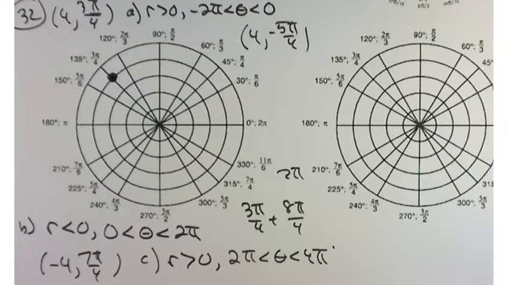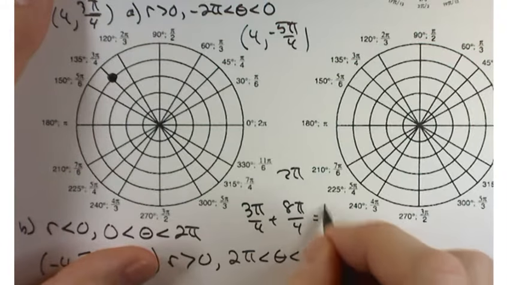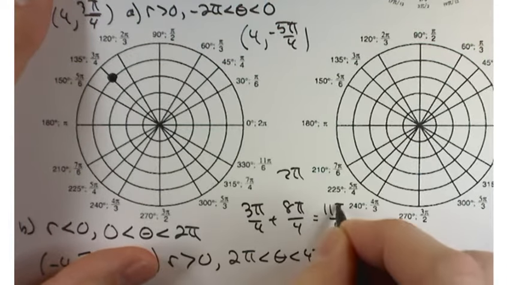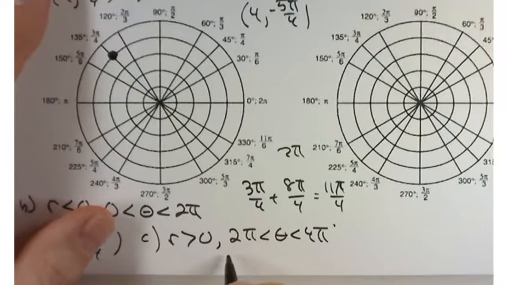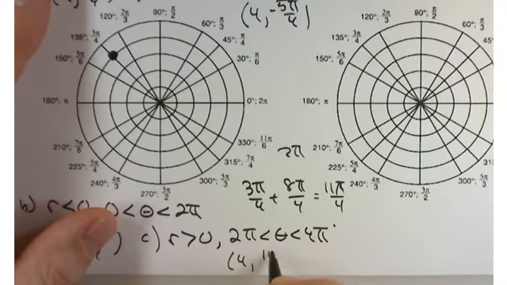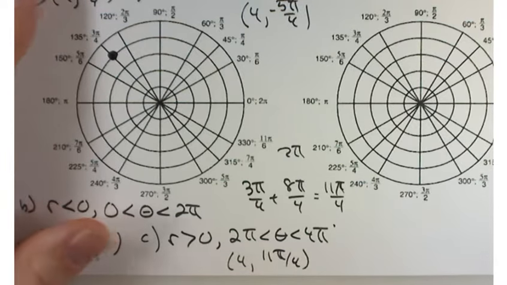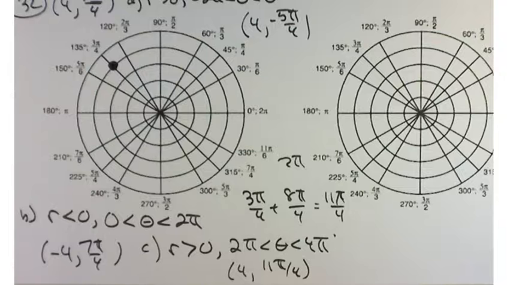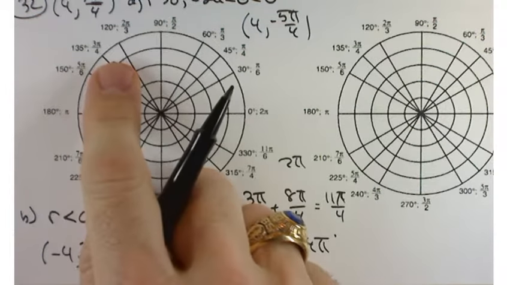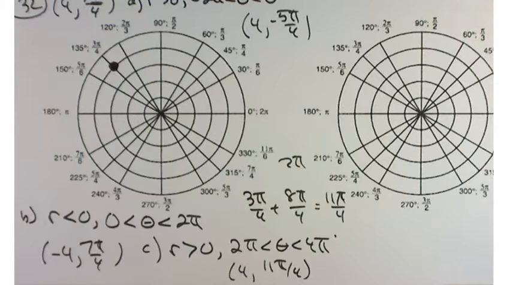So you can see that the angle is going to be 11 pi over 4. And your final answer here should be 4 and 11 pi over 4. If you hate working in radians, you can do it in degrees and then convert your final answer. So you'd start out with 135, add 360, you get 495, and then convert it to radians, and you get your answer.